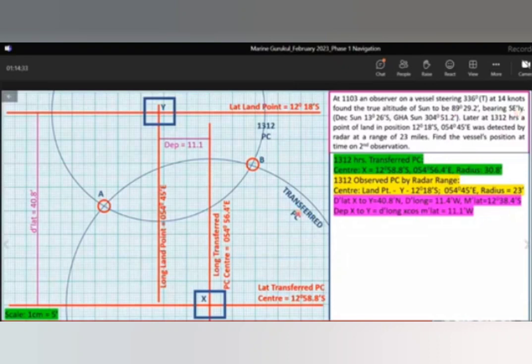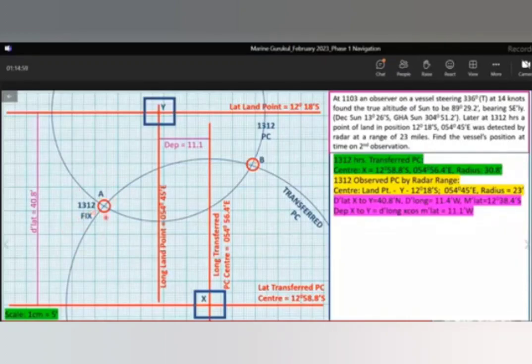Obviously, the sun's position is represented by its GP, which is getting transferred to X. So if the sun was bearing southeasterly, the vessel has to be at point A. Therefore position B gets ruled out, and the vessel's position happens to be point A.